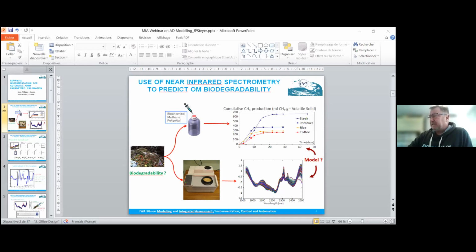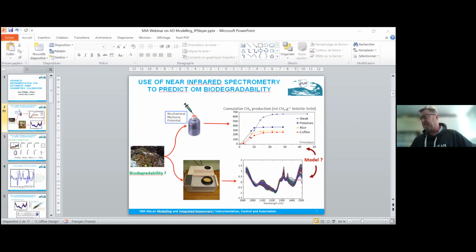And what is nice is that around 1,917 nanometers, it's the wavelength of the lignin, and you see here that the B coefficient is negative. Whereas for the others, like starch, it's positive, which is an indication of the biodegradability of each part of the waste.